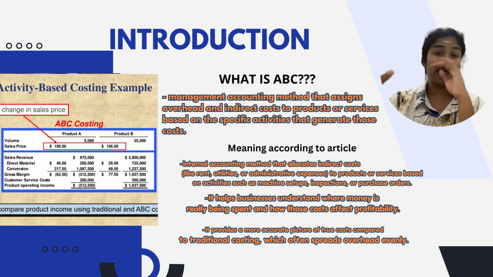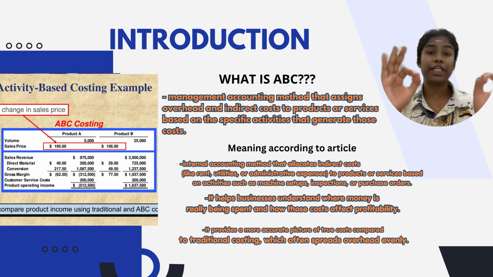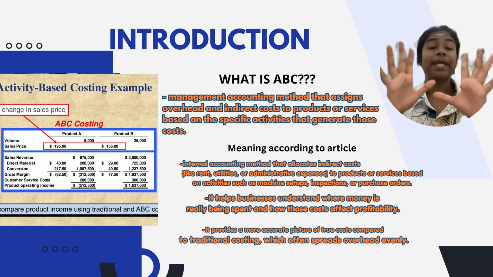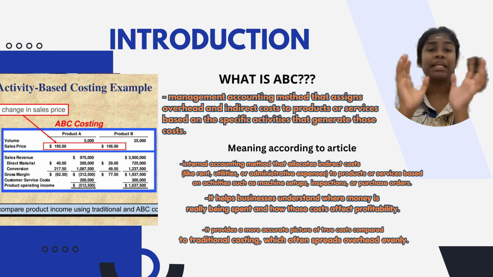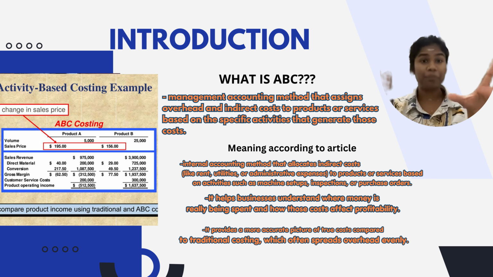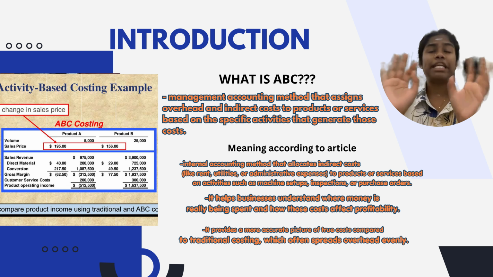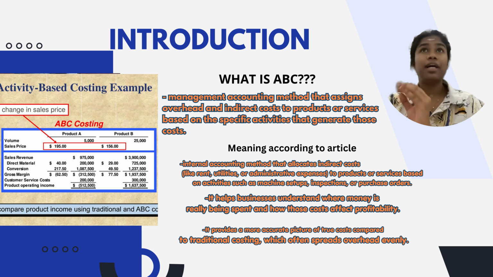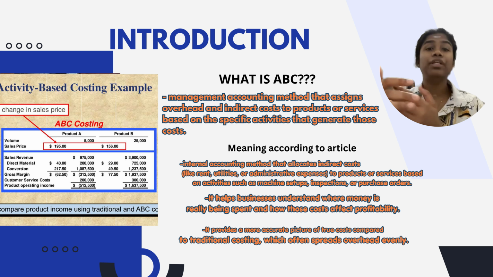It requires detailed data collection, and setting it up can take time and effort. Companies need to track activities carefully and update the system regularly. But even with these challenges, the insights gained often outweigh the effort.